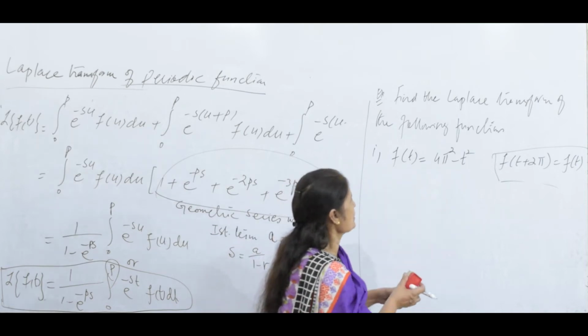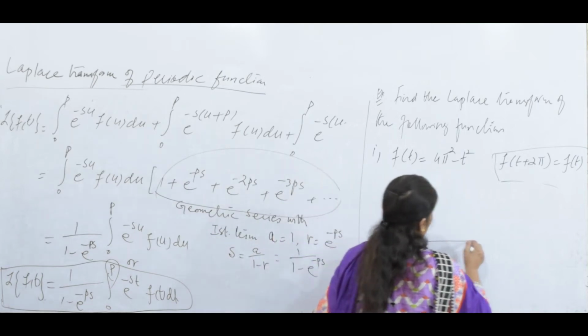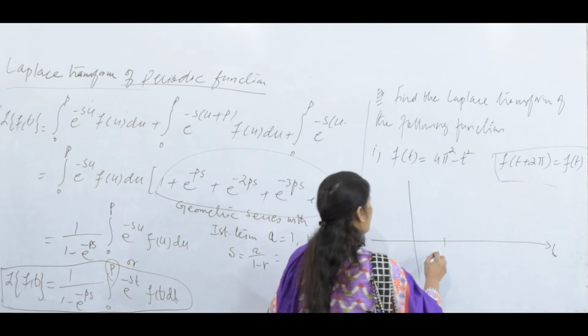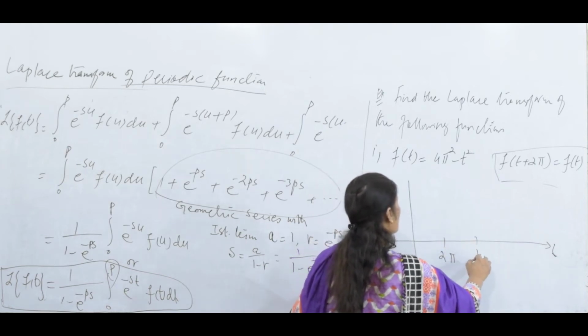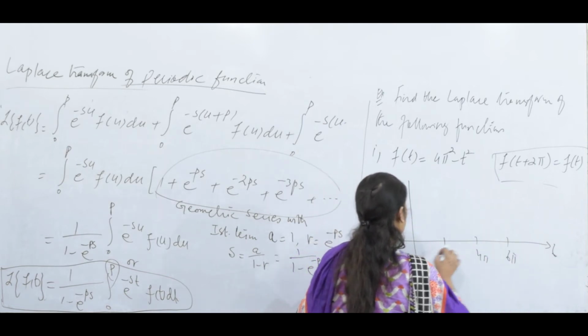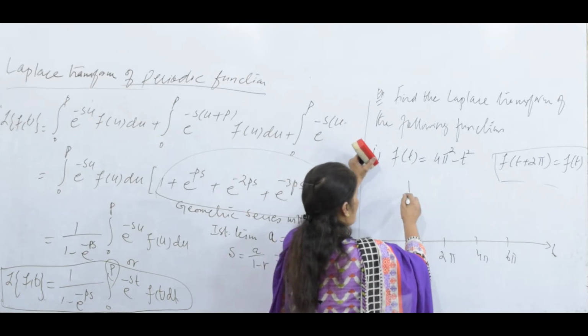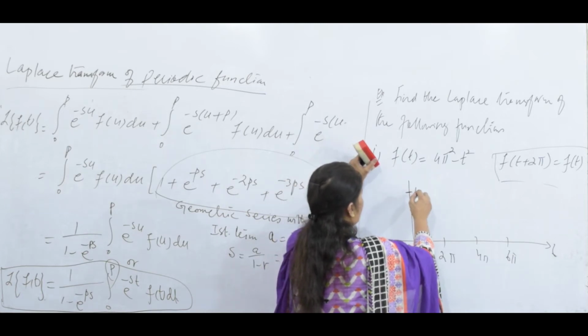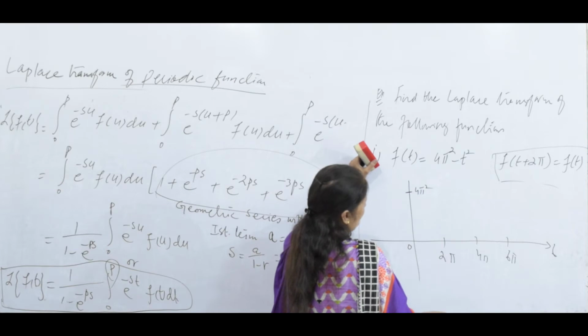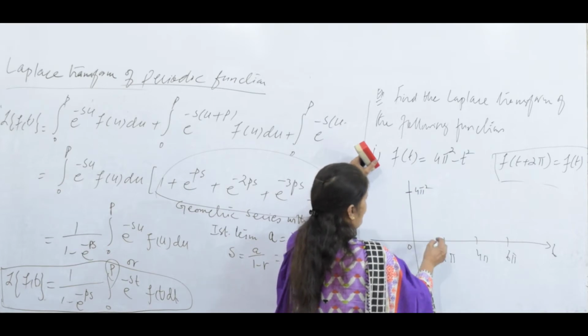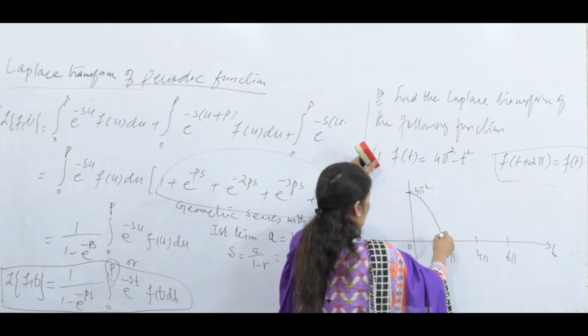And if you are sketching this function, this is 2 pi, this is 4 pi, this is 6 pi, 0. When t is 0, it is 4 pi square. When t is 2 pi, it is 0.